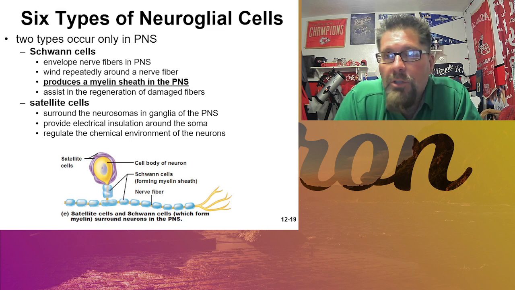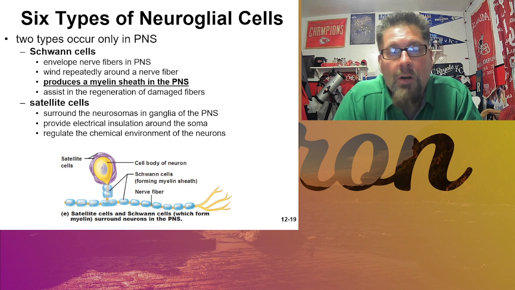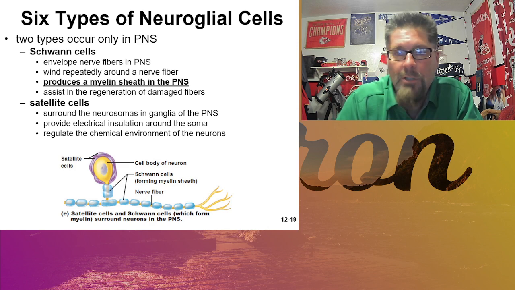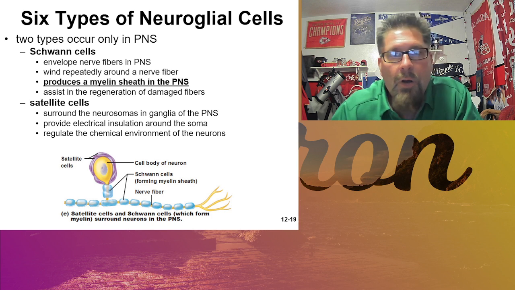They're the ones that produce the myelin sheath around the neurons of the peripheral nervous system, and of course the satellite cells are there to provide resources and to help the axon, the soma and the axon, keep that electrical signal going, and just anything that the neuron might need as far as resources. The satellite cells are ready to go for that.